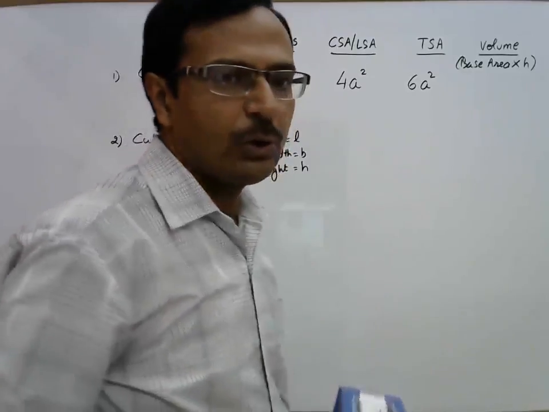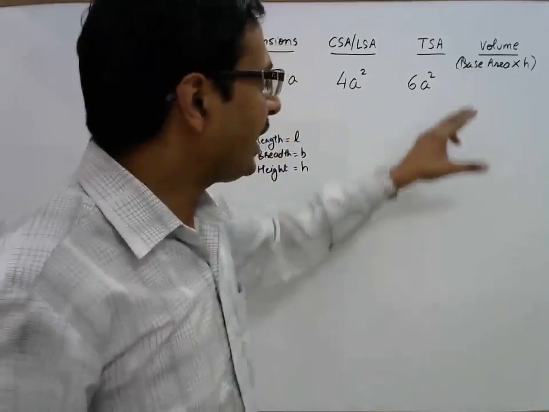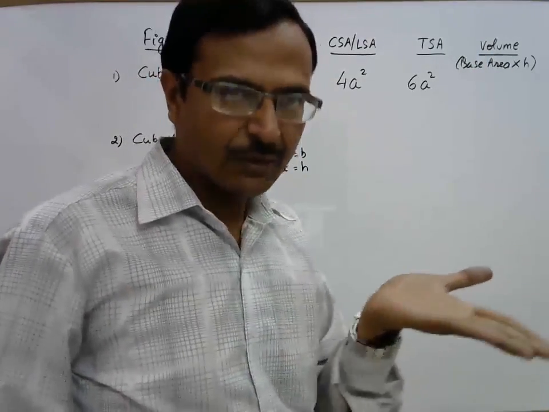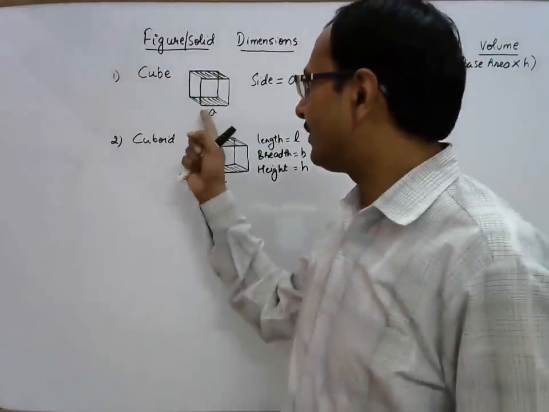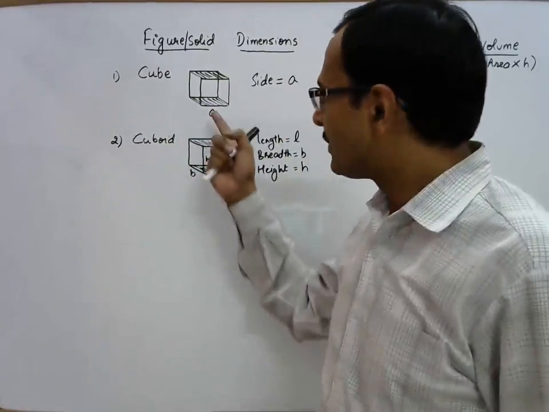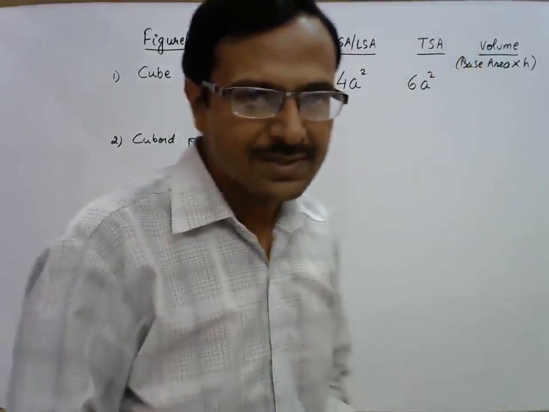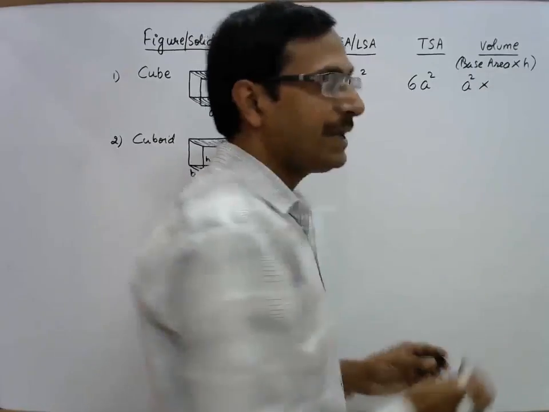Now for finding the volume of any figure, you just remember one thing, that volume is obtained by multiplying the base area with the height. See, in this figure I have shaded the base and the top. Base is a square. The area of a square is a square. So base area is a square multiplied by its height.